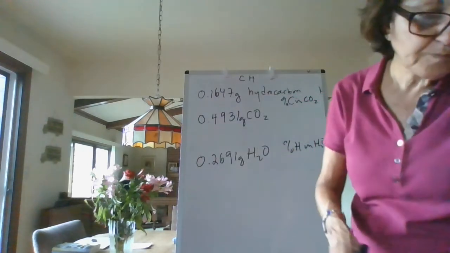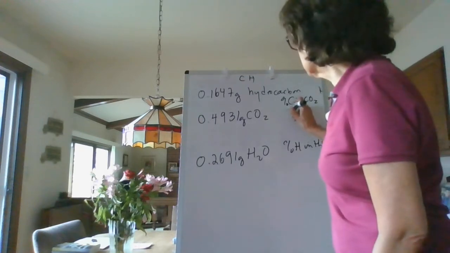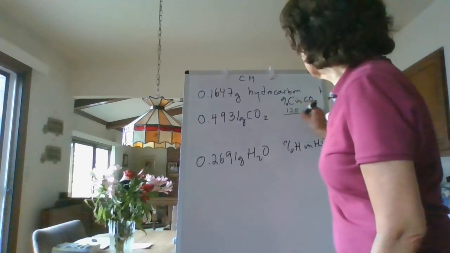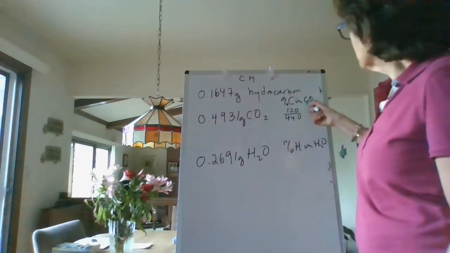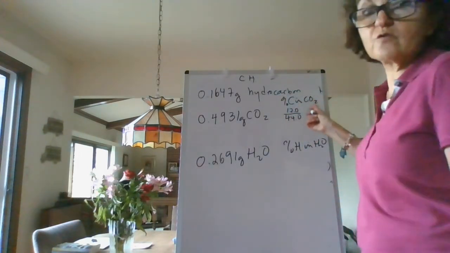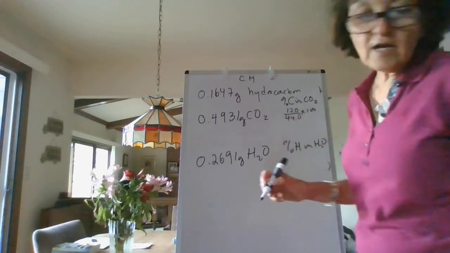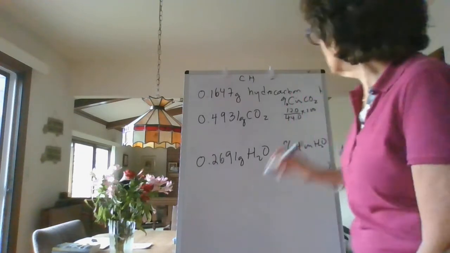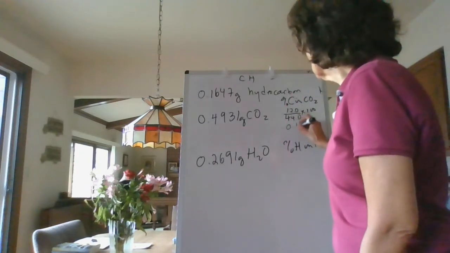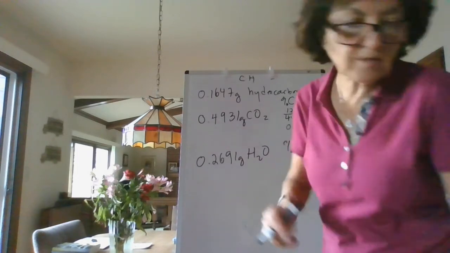All right, so how do I do that? Remember percent? You put 12 divided by 44. Where did I get the 44 from? I just added up the carbon and the two oxygens. And then times 100. Okay? 12 divided by 44 times 100, that's 0.13 without multiplying by 100.